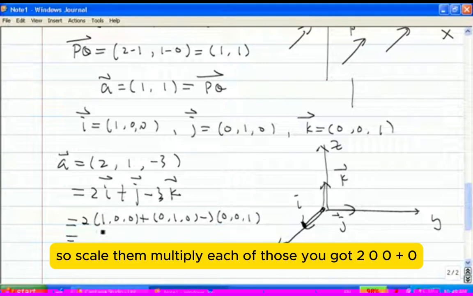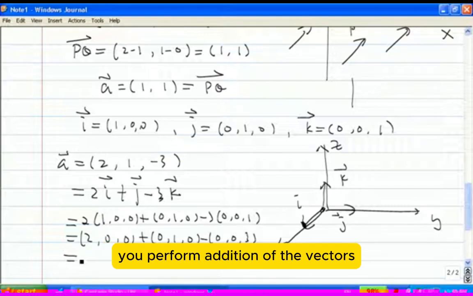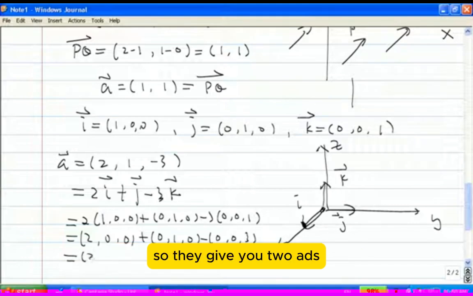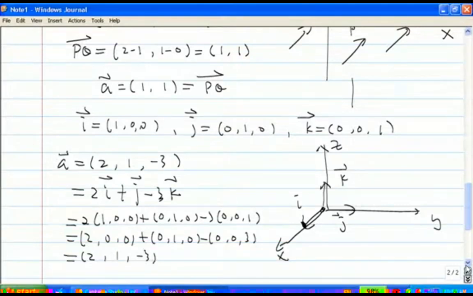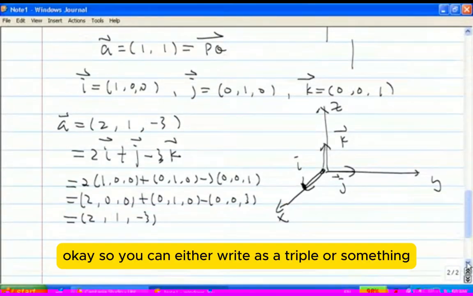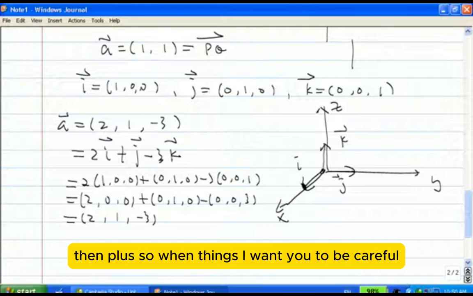So scalar multiply each of those: you get (2, 0, 0) plus (0, 1, 0), then minus (0, 0, 3). Then you perform addition of the vectors, adding corresponding components together, to give you (2, 1, -3). So you can either write it as a triple or as something times i, then plus.